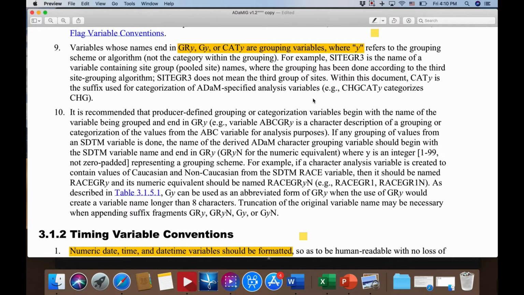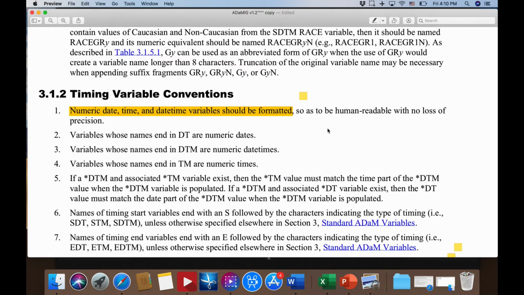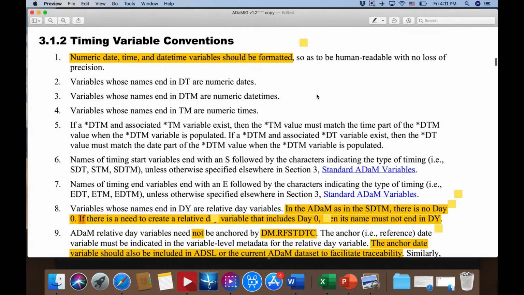And these are the grouping variables. Okay, timing variables. For those timing variables, we have to have a format, so this can be reflected in the metadata field specification. You have to have a format for the timing variables so that we will not lose any precision.